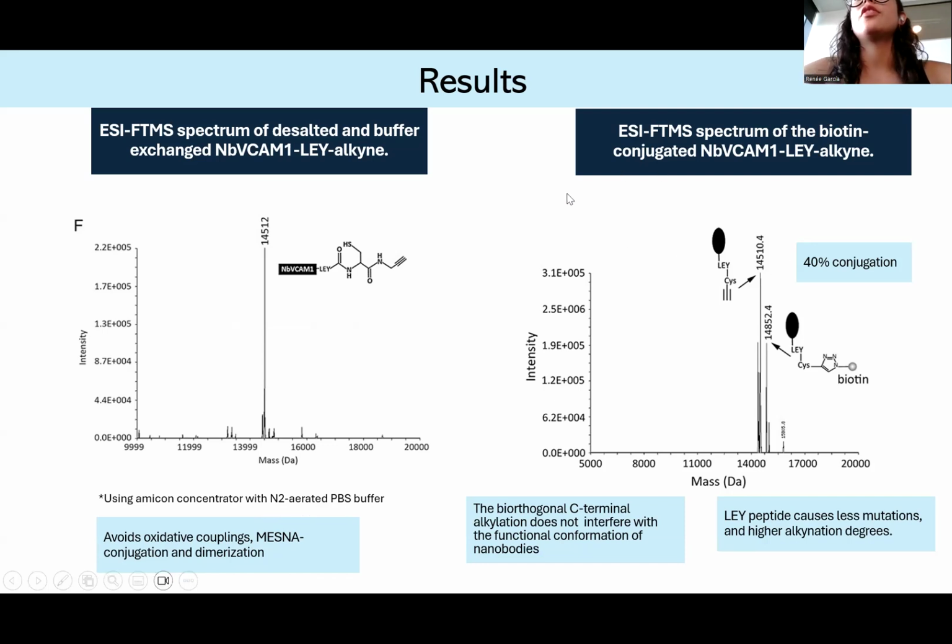And in this graph, what we can see is that in comparison to the nanobody alone with the alkyne, we can see a 40% conjugation of this nanobody with the biotin azide, which tells us that it's pretty efficient for targeting. So they chose the LAY peptide because it causes fewer mutations and higher alkylation degrees.